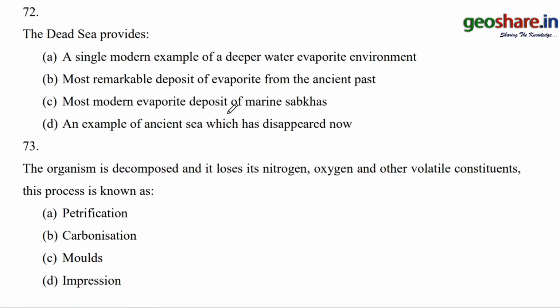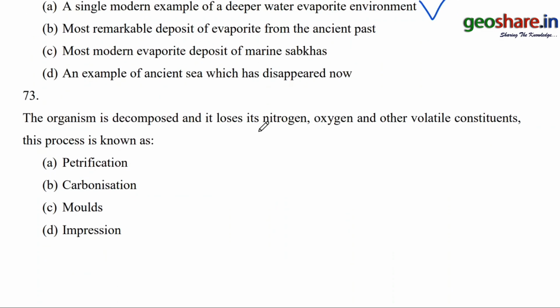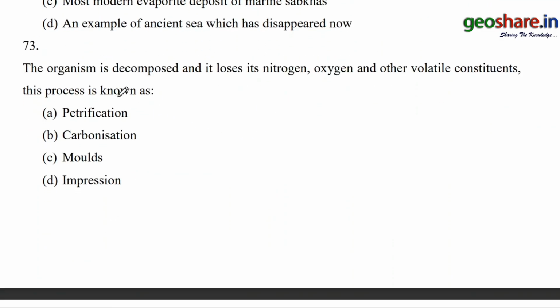The Dead Sea provides a single modern example of a deeper water evaporite environment. When the organism is decomposed and it loses its nitrogen, oxygen and other volatile constituents, this process is known as carbonization.